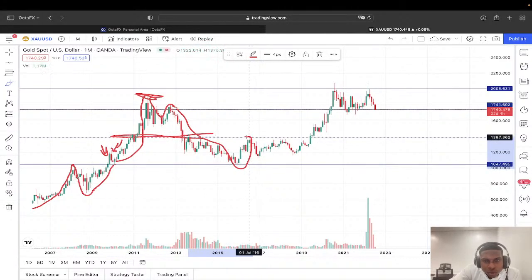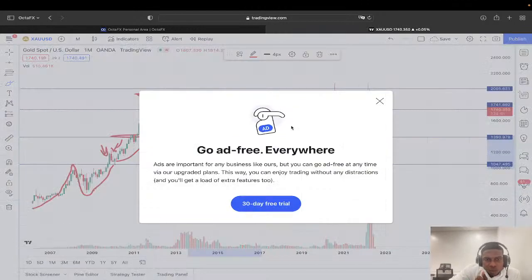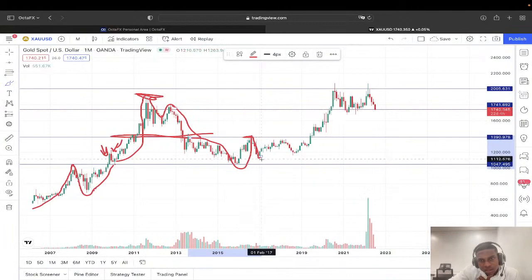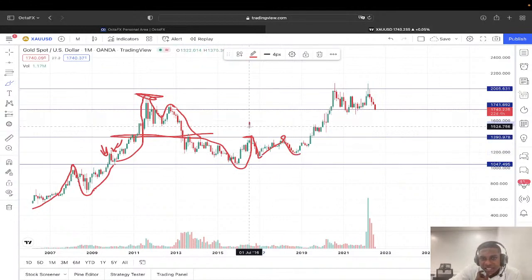Went up, touched this level, could not break through it. Then it went down again. It went up to touch that same level again. It could not break through it. It went down again. Now, that's to tell you that this is 1. This is 2.